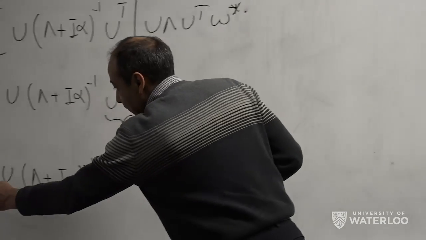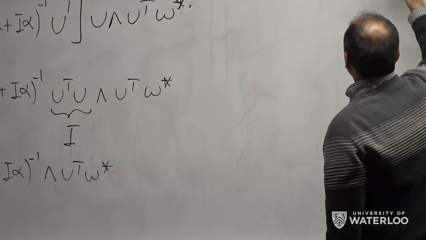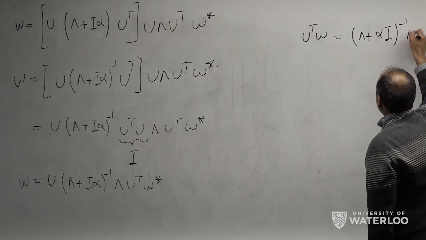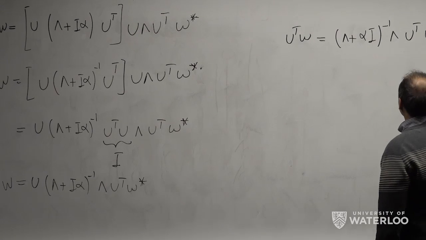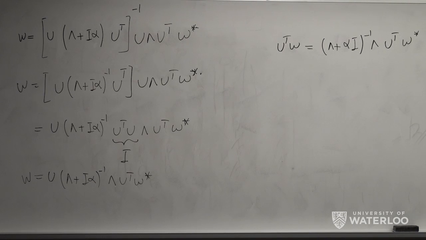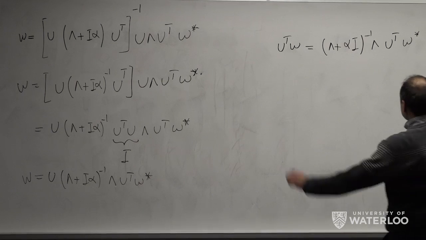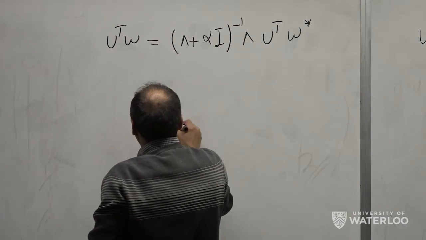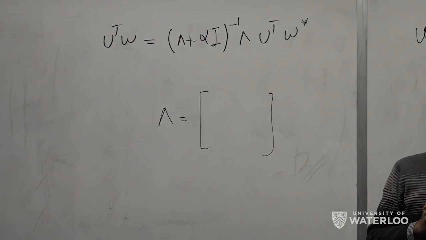Okay, to make it more clear, let me multiply by U transpose from both sides. It is going to be (lambda plus alpha I) inverse, lambda U transpose w star. Now, this lambda has this form because it's a result of a singular value decomposition.